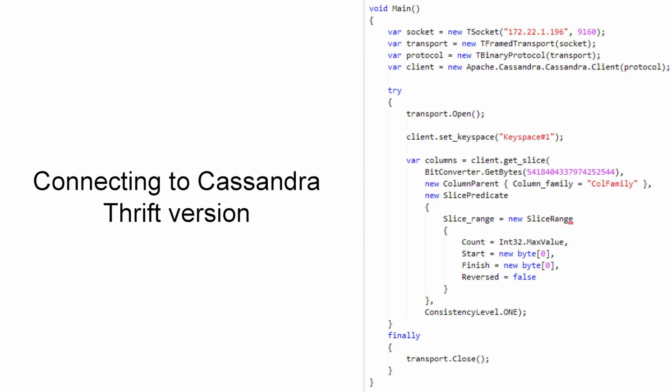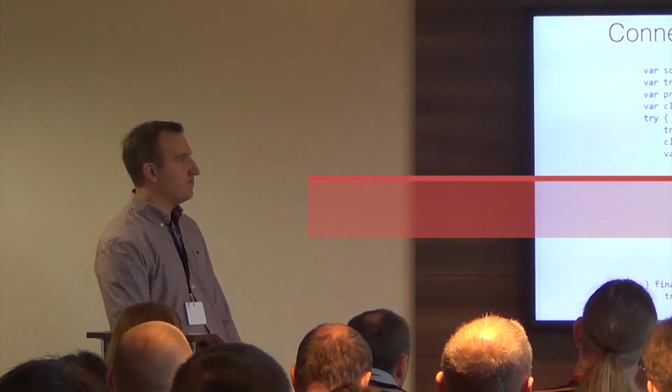So yeah, this is just a simple slide showing the C# code connecting to Cassandra using Thrift. Cassandra now has a SQL-like protocol, CQL, and actually Thrift is deprecated, but we do not use CQL because of our legacy code and how we store data in Cassandra.